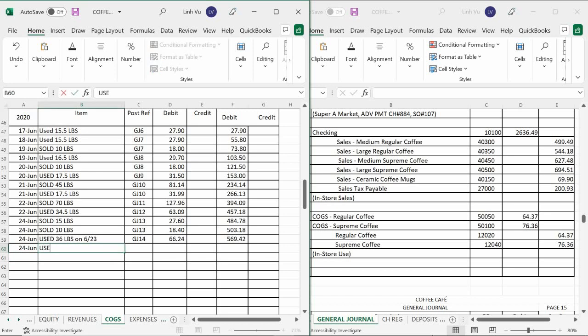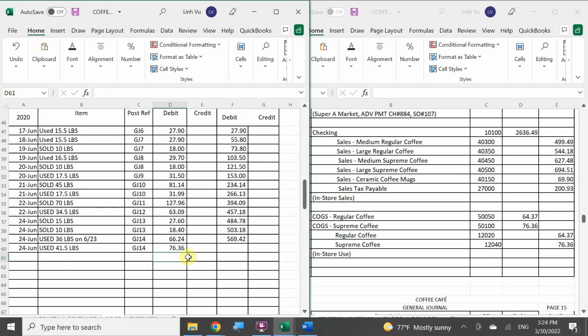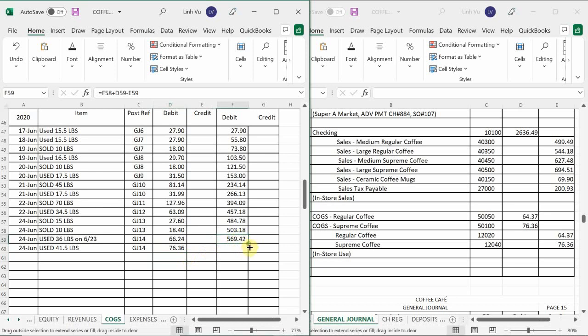We used 41.5 pounds, okay, for $76.36. So what's my total cost of goods sold for my Supreme coffee? $685.67. Good.